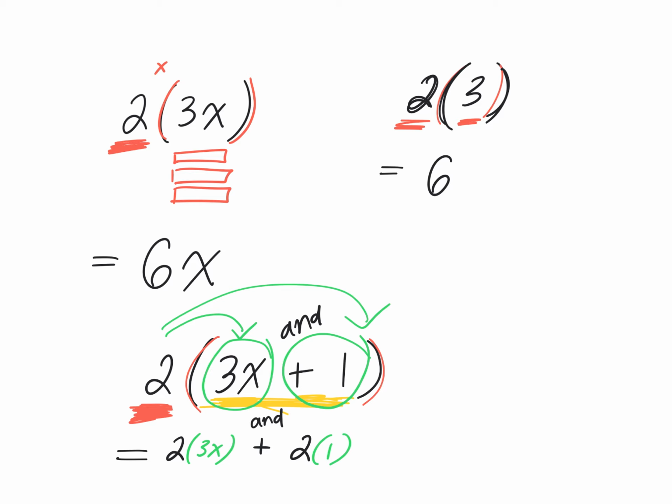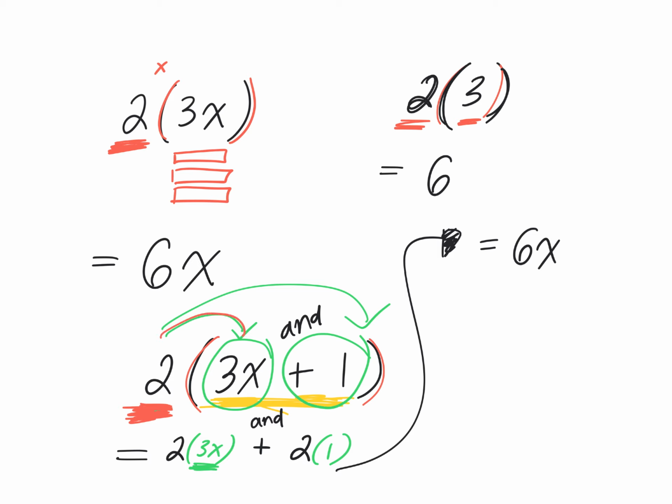So the first part, again, I had 3x's and I had to multiply it by 2. So all together, I'm going to write it over here. If I have 3x's and I multiply it by 2, how many x's do I have altogether? 6 x's, right? But because this 2 is in front of the bracket, I have to make sure I multiply everything inside of the bracket by 2.